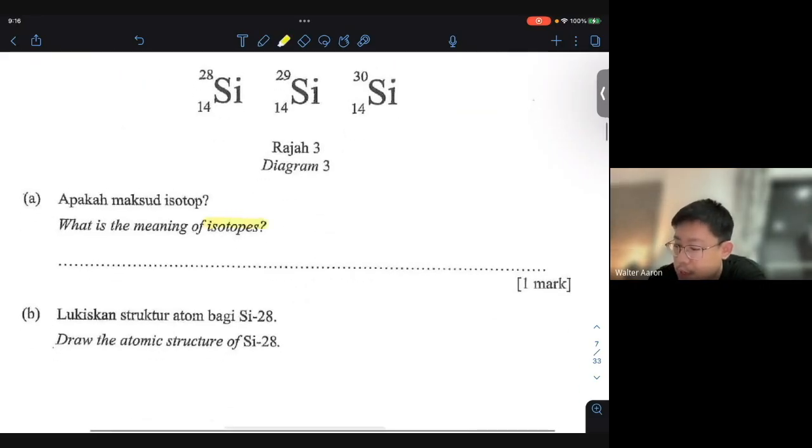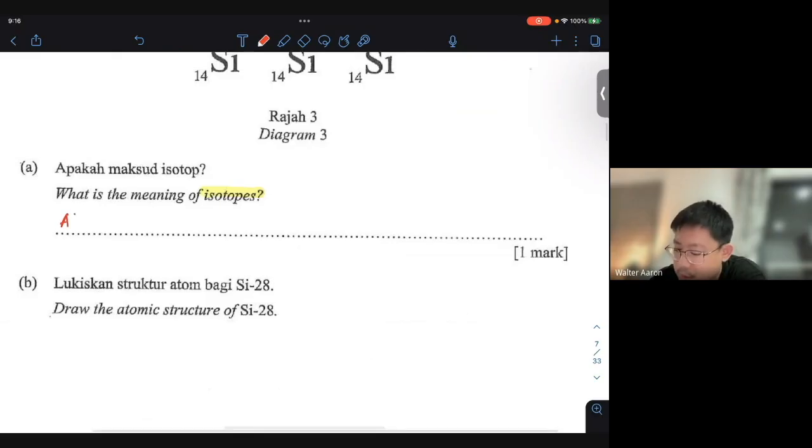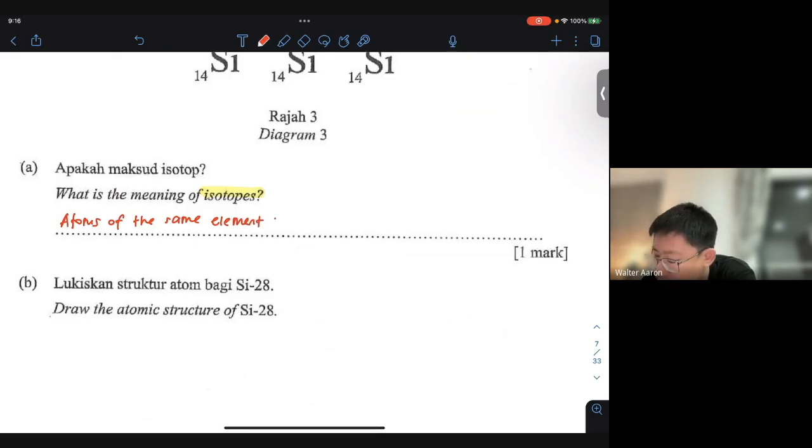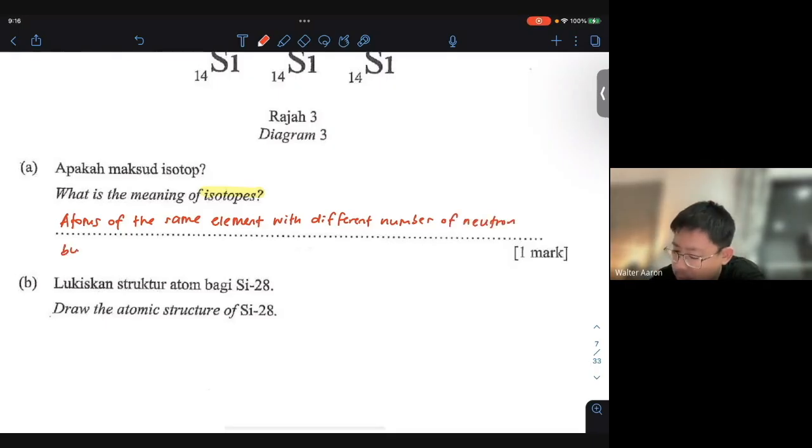So isotopes are atoms of the same element with different number of neutrons but same number of protons.